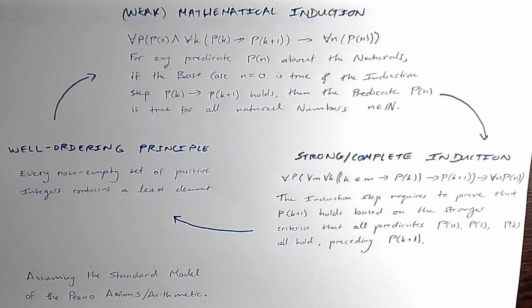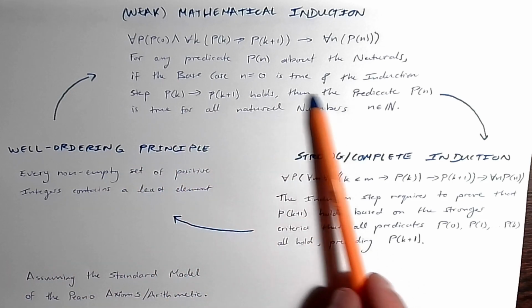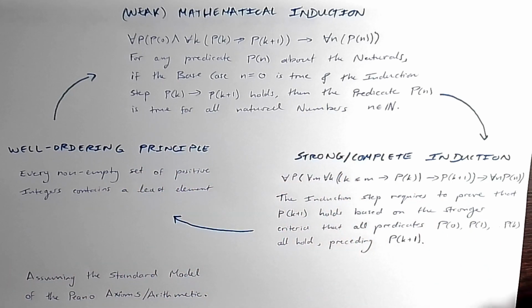Then finally we have the well-ordering principle, which states that every non-empty set of positive integers contains a least element. Such an obviously true statement should be considered an axiom, but we're just going to prove it from the mathematical induction principle instead. So let's get to it.